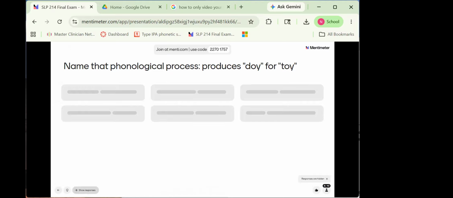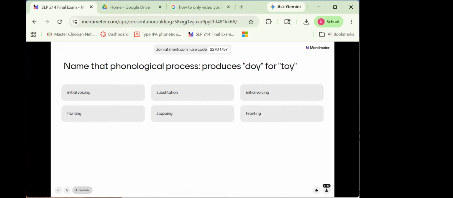Okay, let's look at responses. Initial voicing. Yep, so initial voicing. We're starting out with t, which is voiceless, right? And then the thing that we're changing about that is the d in doi.